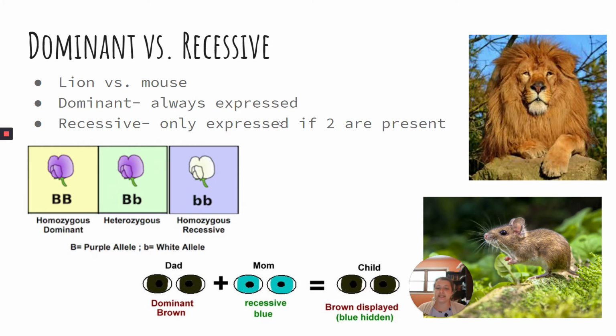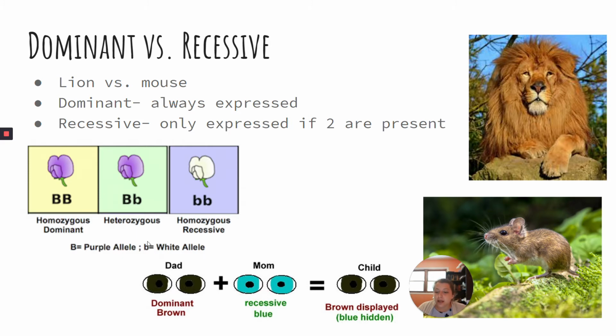What does this look like in real life? The individual B would be considered the allele, or you can call it the gene, but I'm going to call it the allele. The capital B is for the purple allele, that means it's going to be a purple flower.